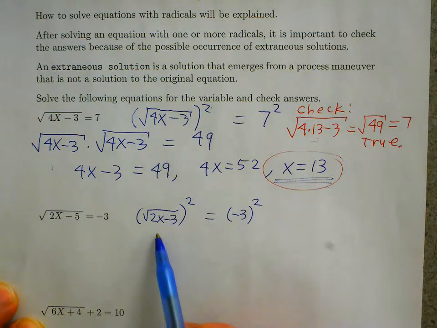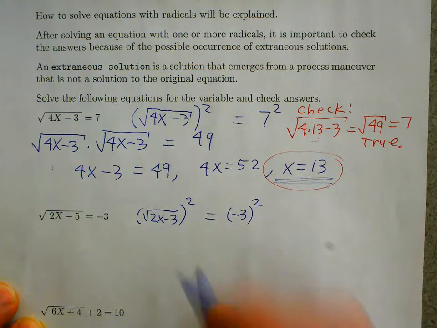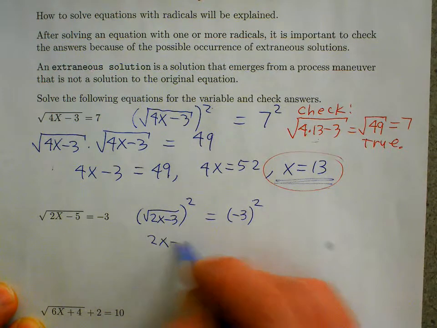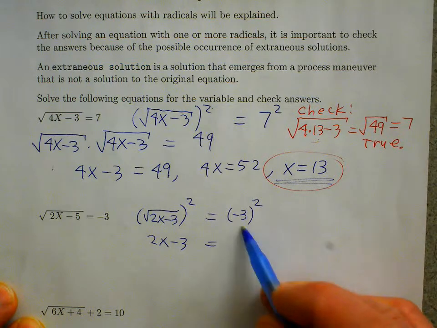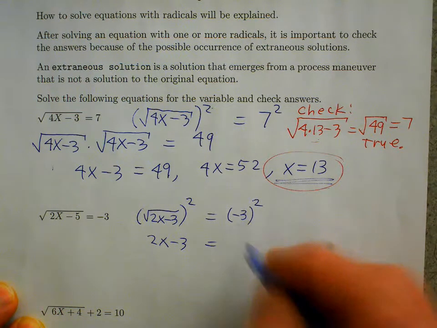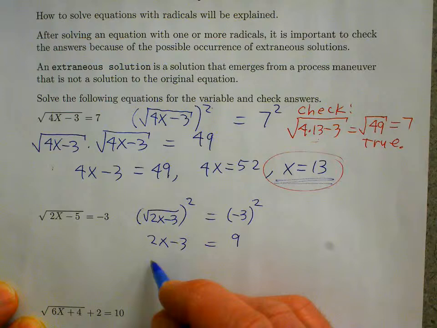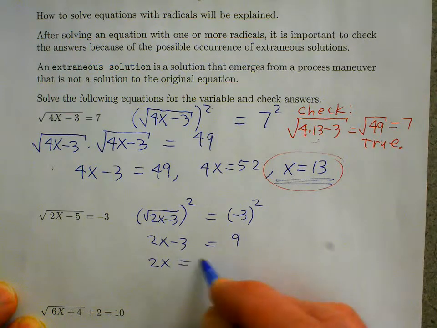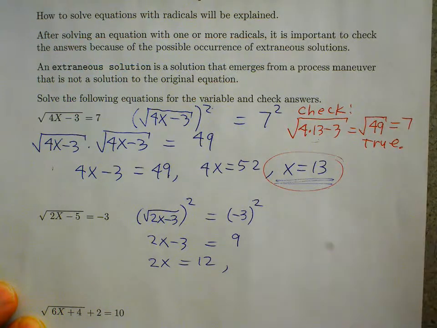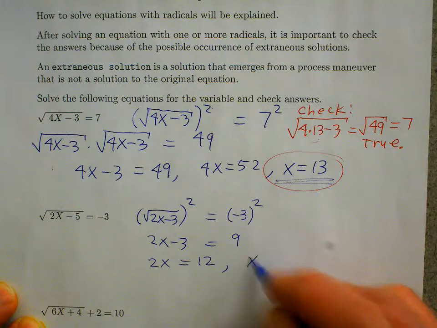And when we square the square root of 2x minus 3, we get 2x minus 3. And when we square negative 3, we get positive 9. Then this is an easy equation to solve. Add 3 to both sides, we get 2x equals 12. Then divide both sides by 2, we get x equals 6.